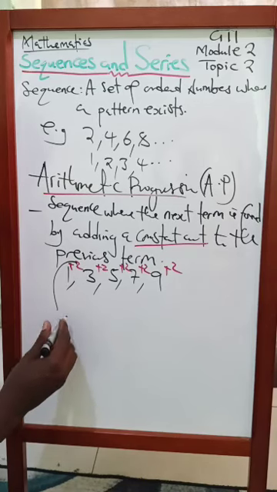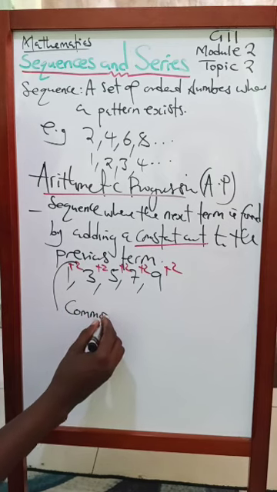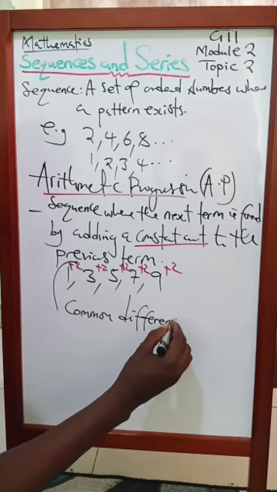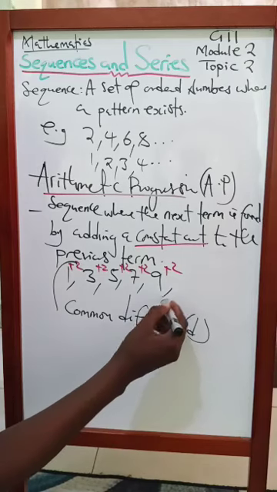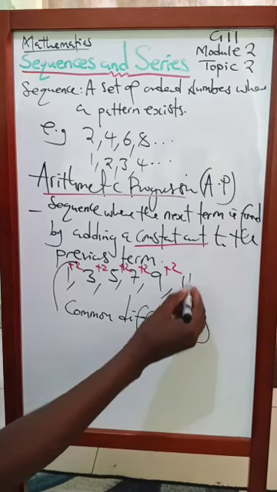It is known as the common difference, and it is denoted by the letter d. This is the term that you are adding to the previous amount in order to get to the next term.